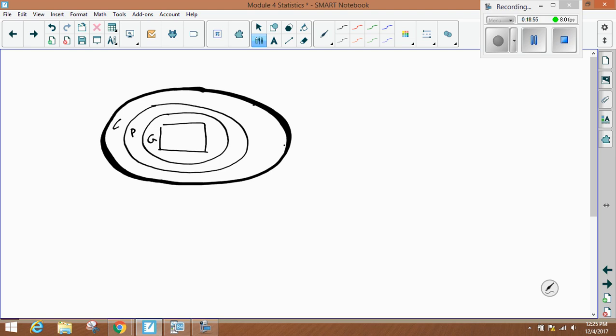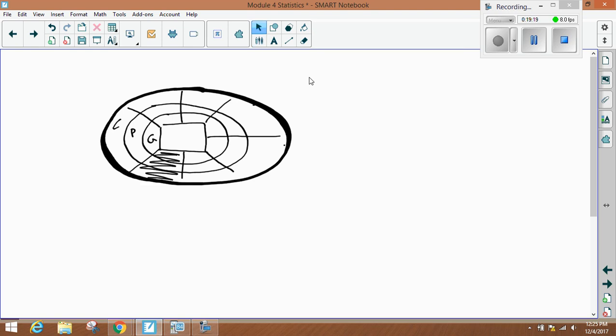And you know your stadium is broken up in sections like that, right? So if I was to just sample this section and everybody in this section, I would get a little cluster of the entire population that represents all the different ticket prices. So that's an example of a cluster sample. Yeah? All right.